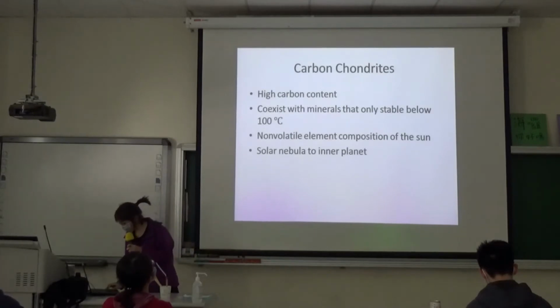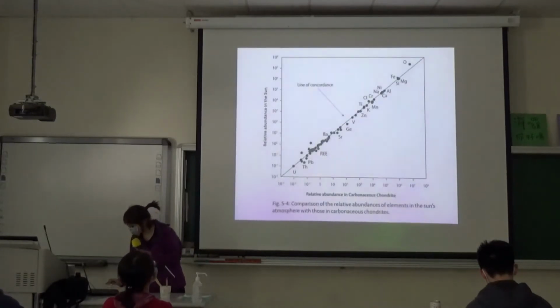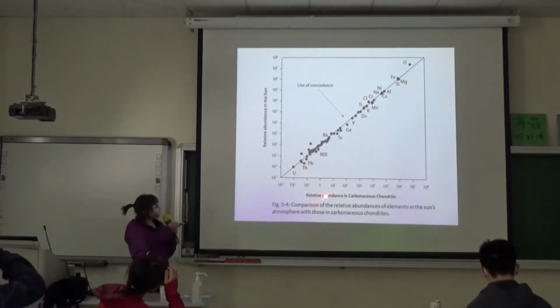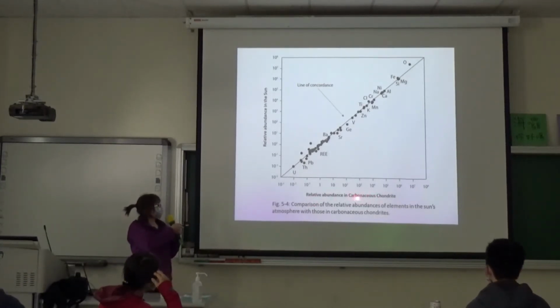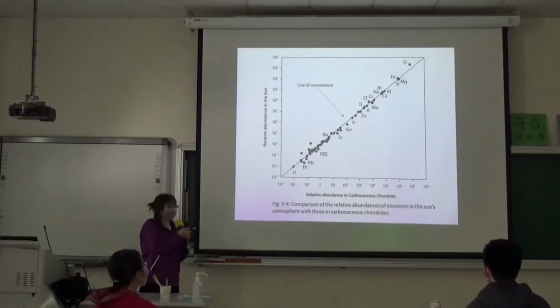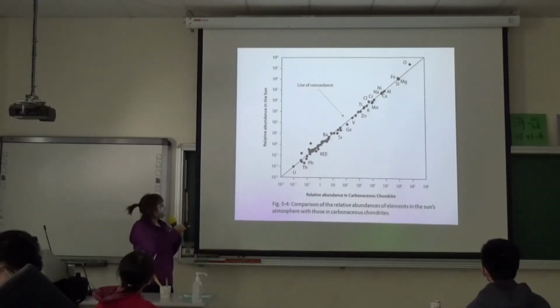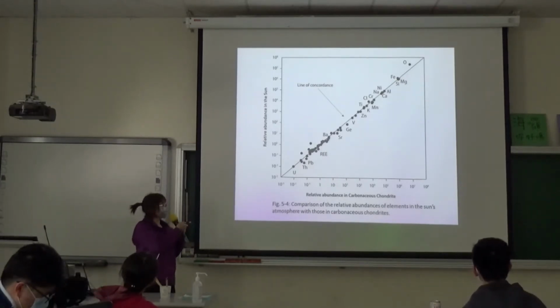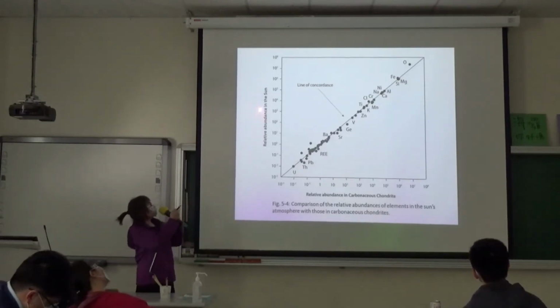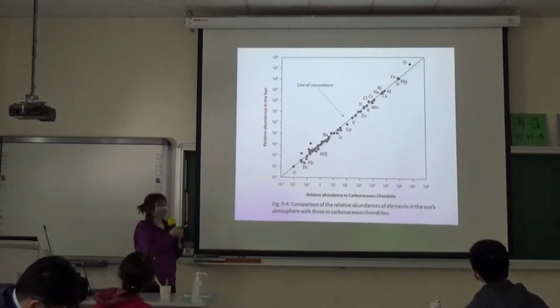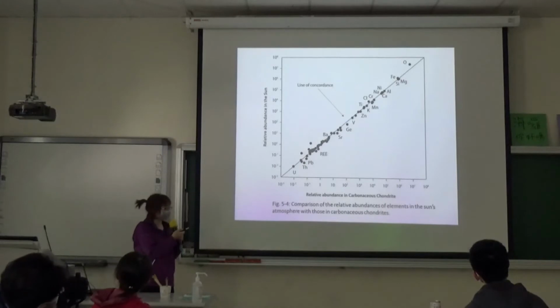Going back to figure 5, the x-axis is the relative abundance in carbonaceous chondrite, analyzed from meteorites found on Earth, and the y-axis is the relative abundance in the Sun, analyzed by the solar spectrum.